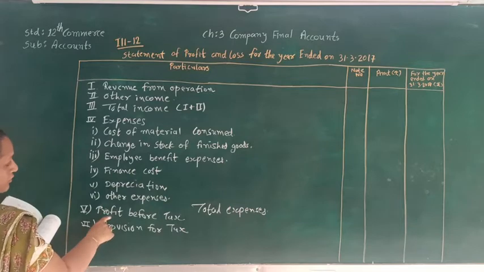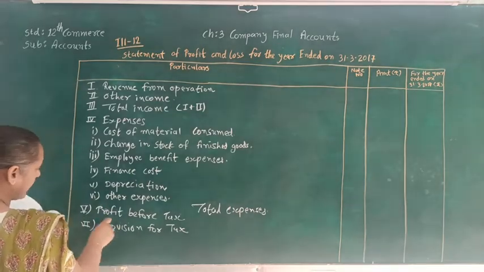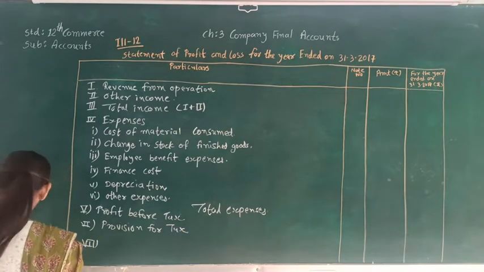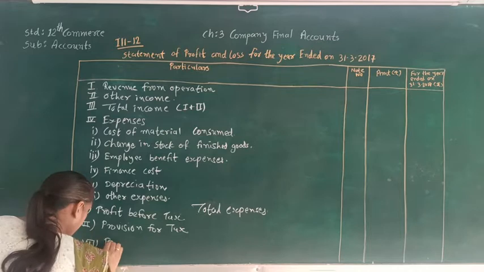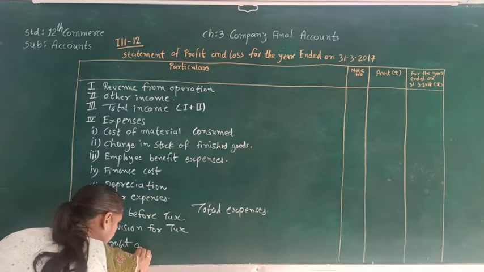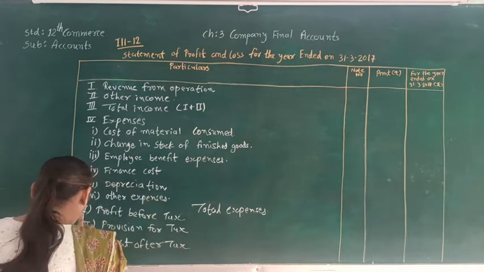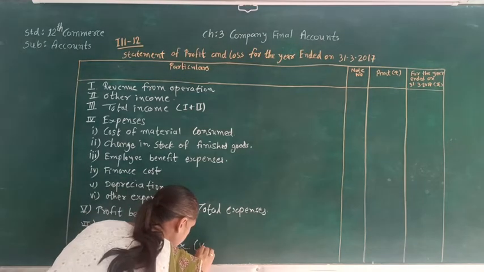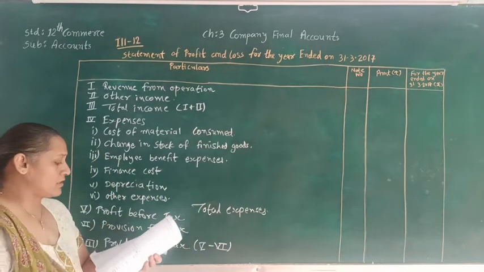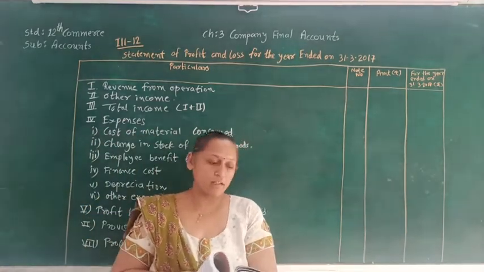And if we deduct provision for tax from profit before tax, then we will reach the profit called profit after tax. Here from 5th we are going to deduct 6. So that's it. These are the heads of the statement of profit and loss account.